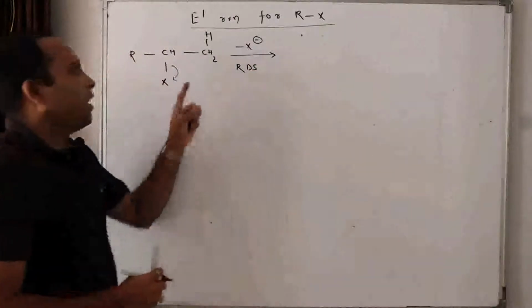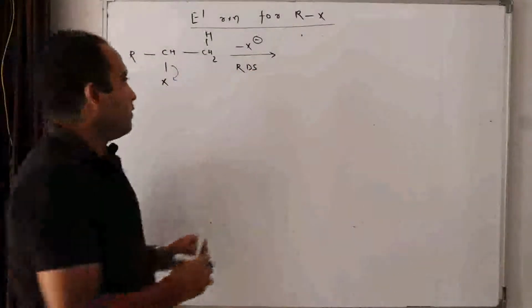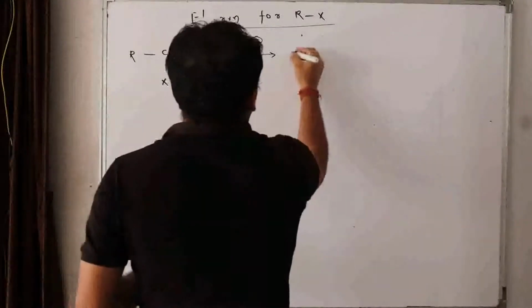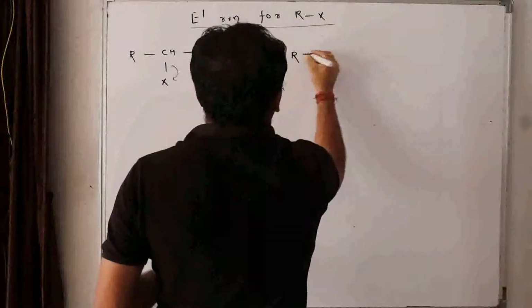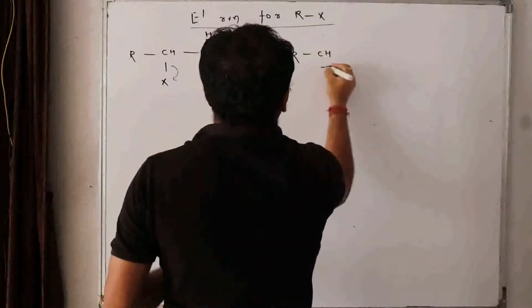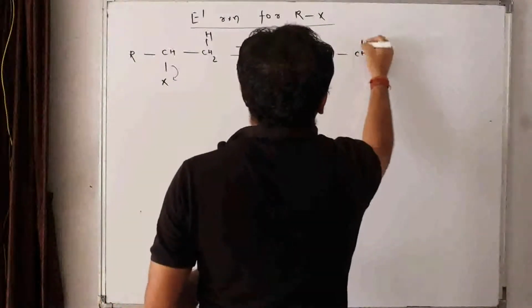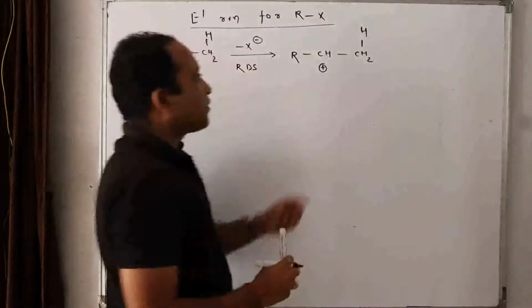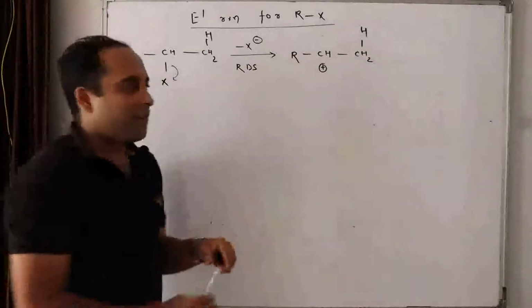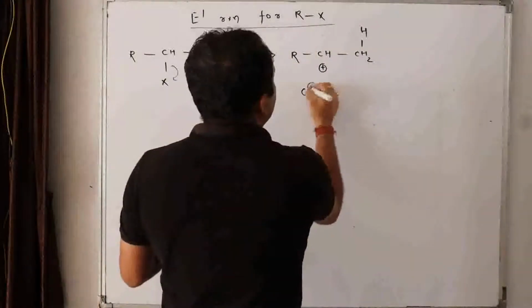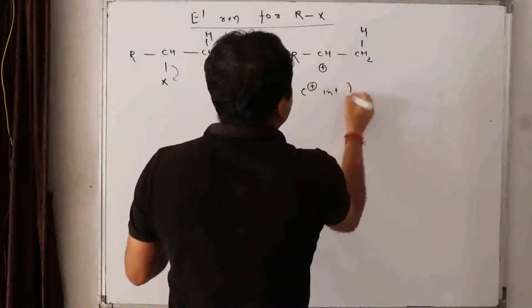What is RDS? A rate determining step. So what will happen in this case? R-CH+-CH3 is formed. What is formed here? A carbocation is formed as the intermediate.